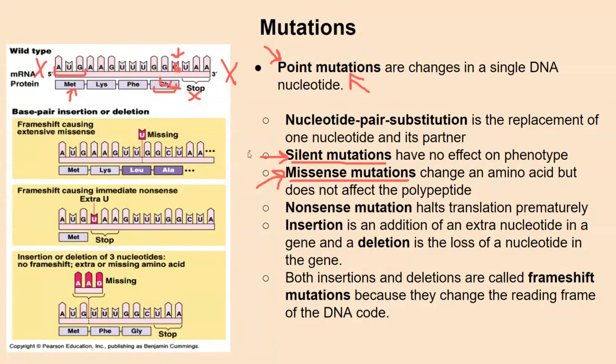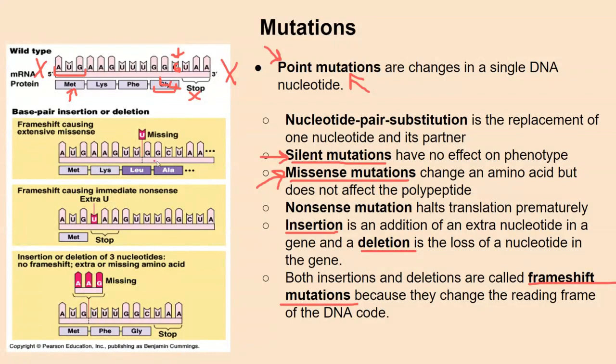There are some bigger kinds of changes though, for instance, an insertion or a deletion. If we delete or add an extra base pair, it will cause something called a frame shift, which means every single amino acid after that will change.